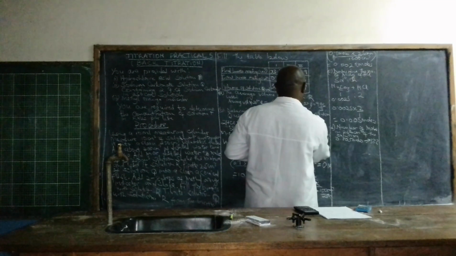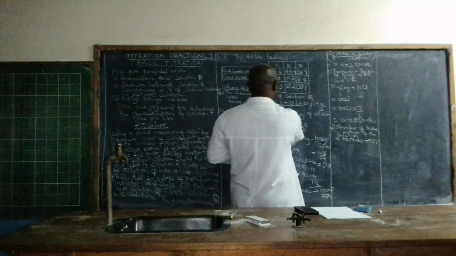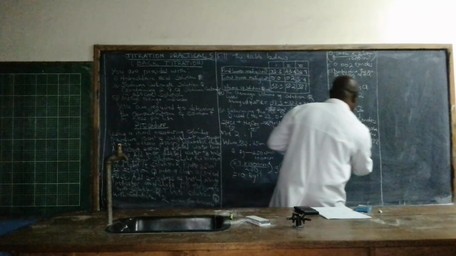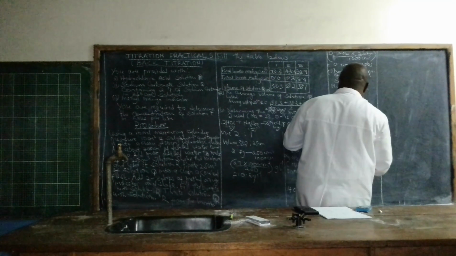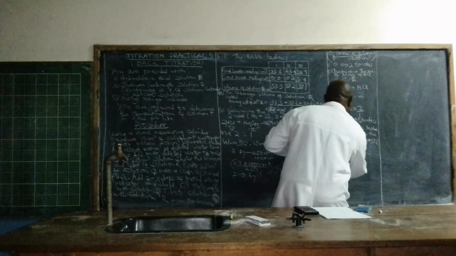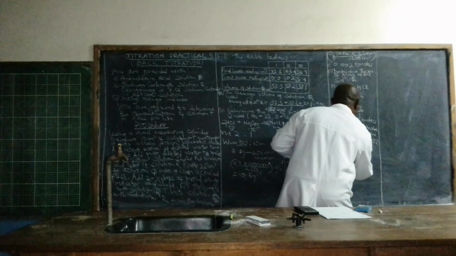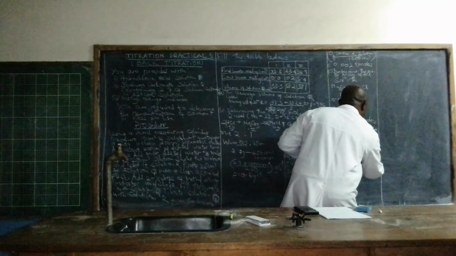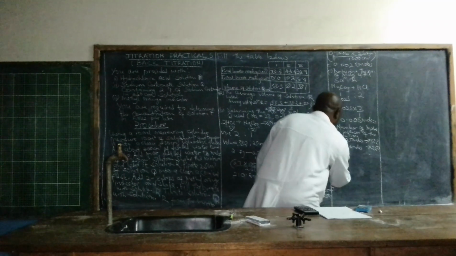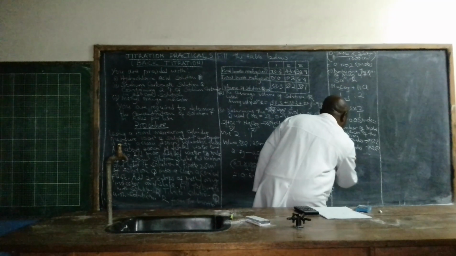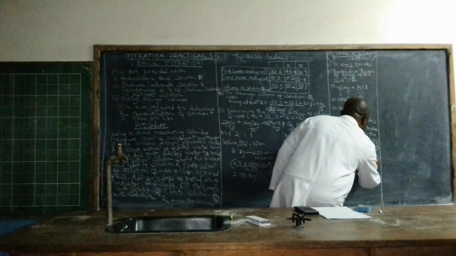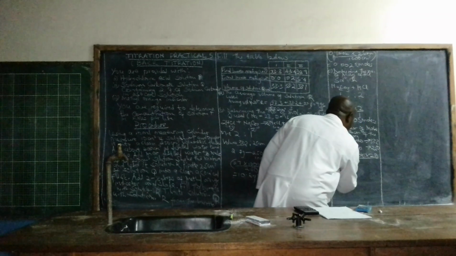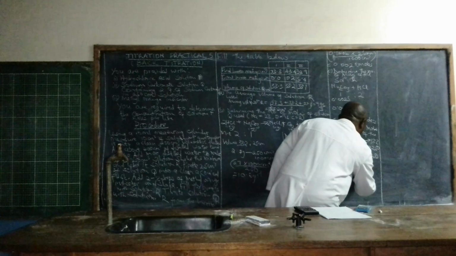Remember that 33.2 is here, which is R. Remember, this is R. Then X moles were in 250. X moles were in 250. So we are going to cross multiply here: 0.005 moles times 250 divided by 33.2.